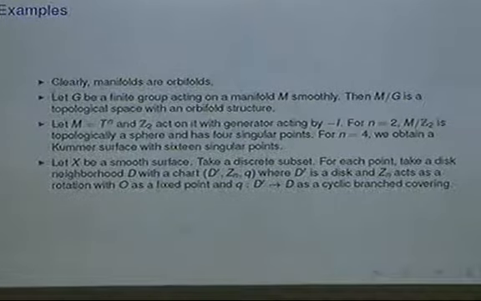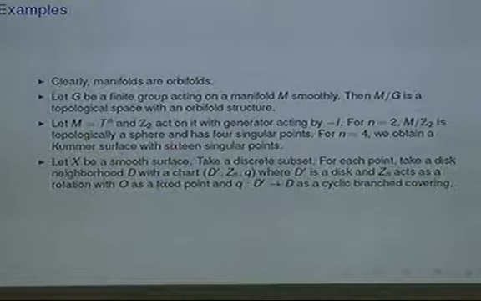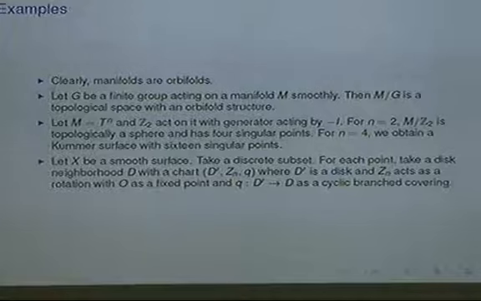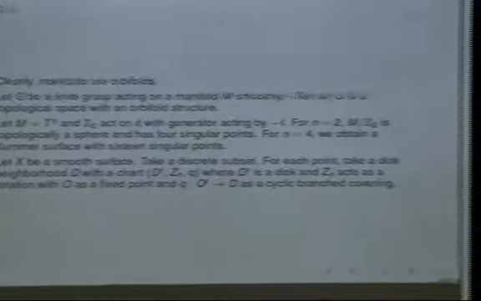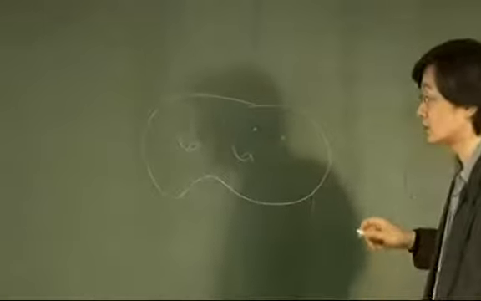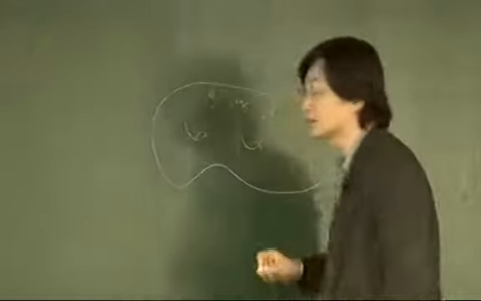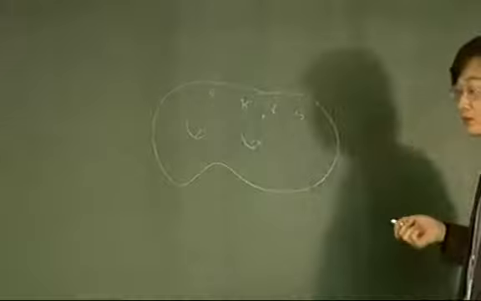So for example, this last example I wrote down. If you take any smooth surface, and then you take some finite points, then you can just give some order like P, Q, or S, and immediately you get an orbifold structure.